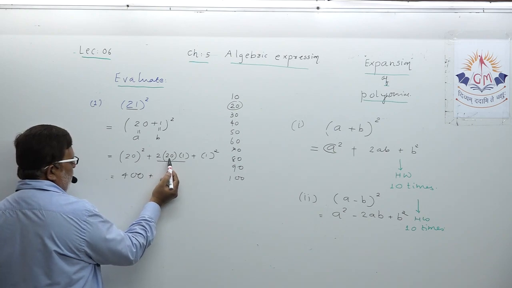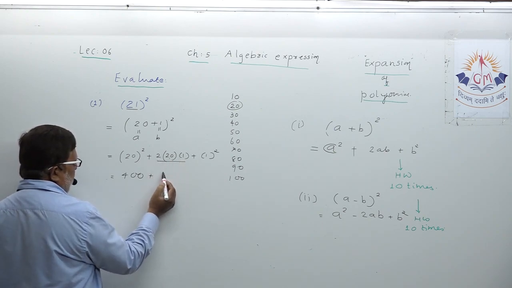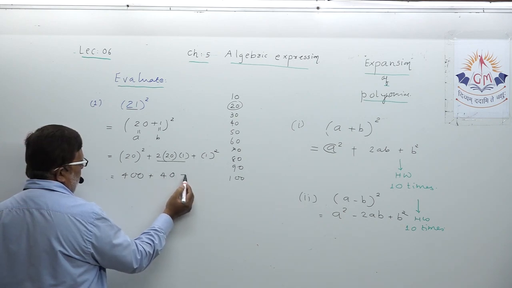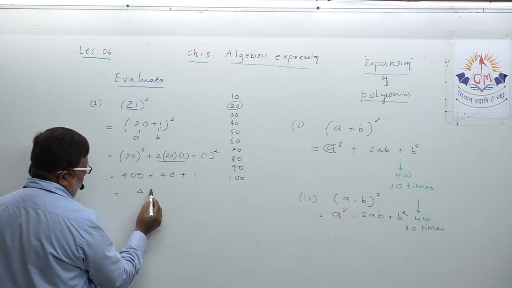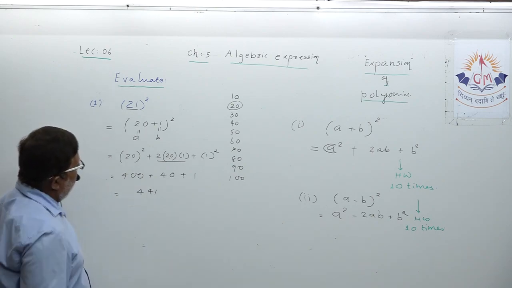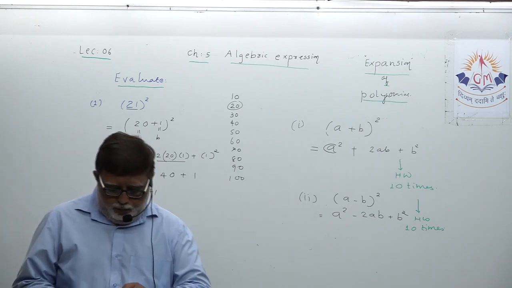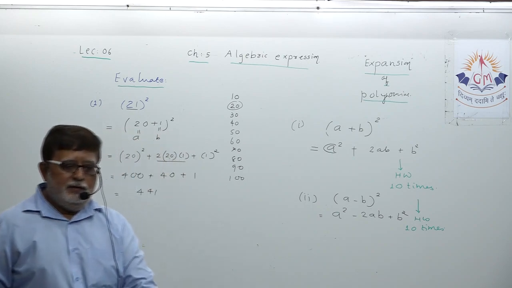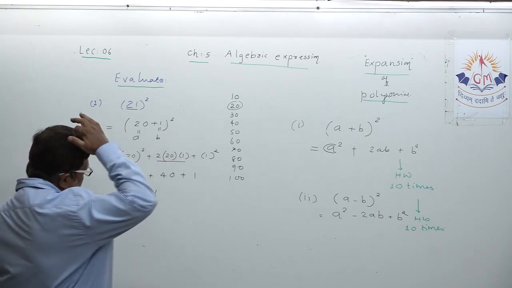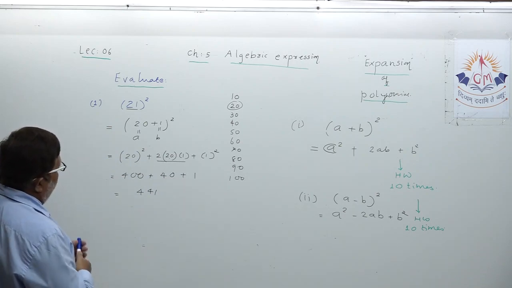Multiply this: 2 times 20 is 40, times 1 is 40, plus 1 square, that is 1. You add all this, you will get the answer 441. Just a question of splitting the given number to the nearest zero number. That is very important. Okay? Very important for you to understand this.